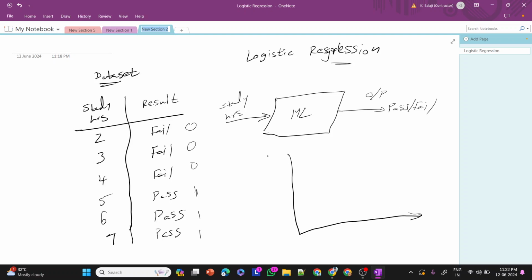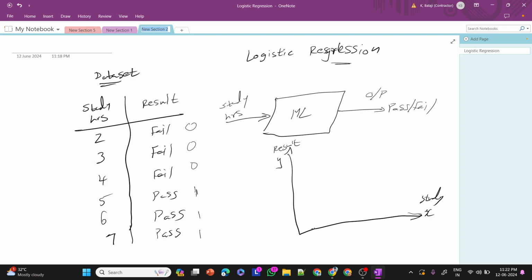For example, in this example, student study hours is on the x-axis, and our result is on the y-axis.